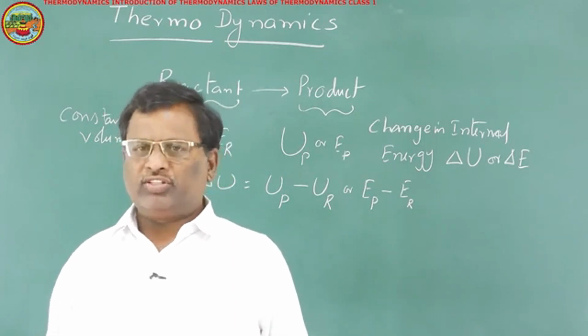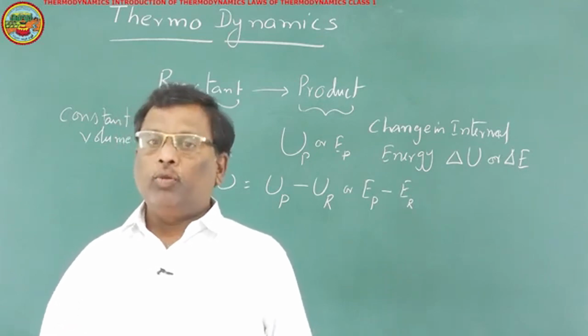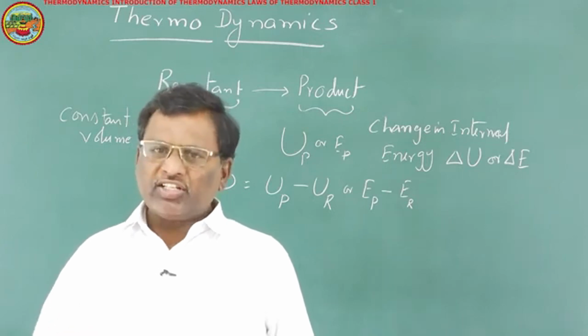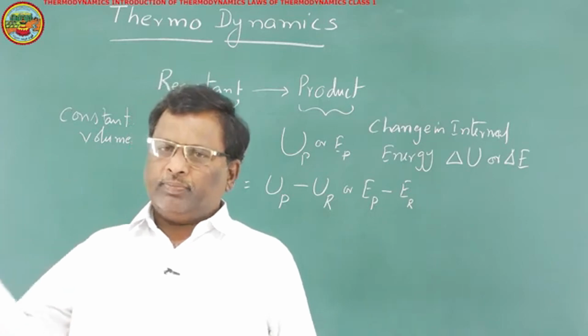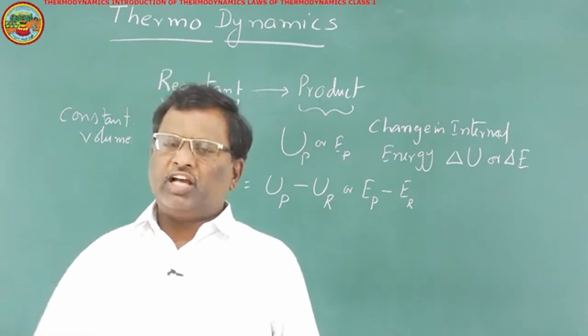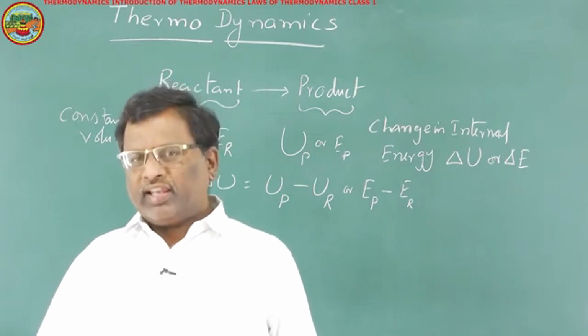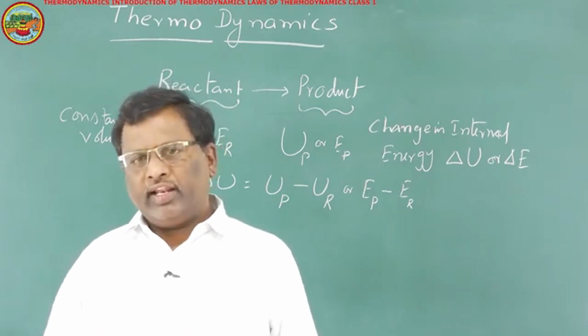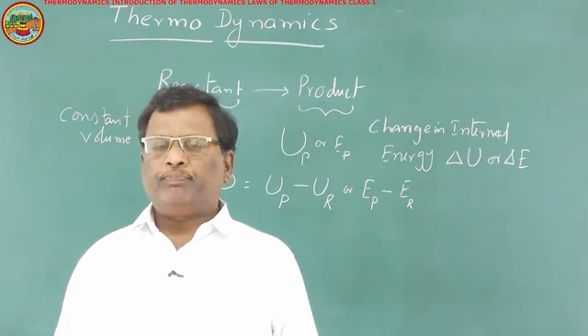Now, there is another way to measure the change of internal energies. Most of the time, in our laboratory atmosphere, we conduct the experiments in open containers. When a reaction is done in an open container, exchange of mass and heat can take place. So the reaction energy change is measured at constant pressure.